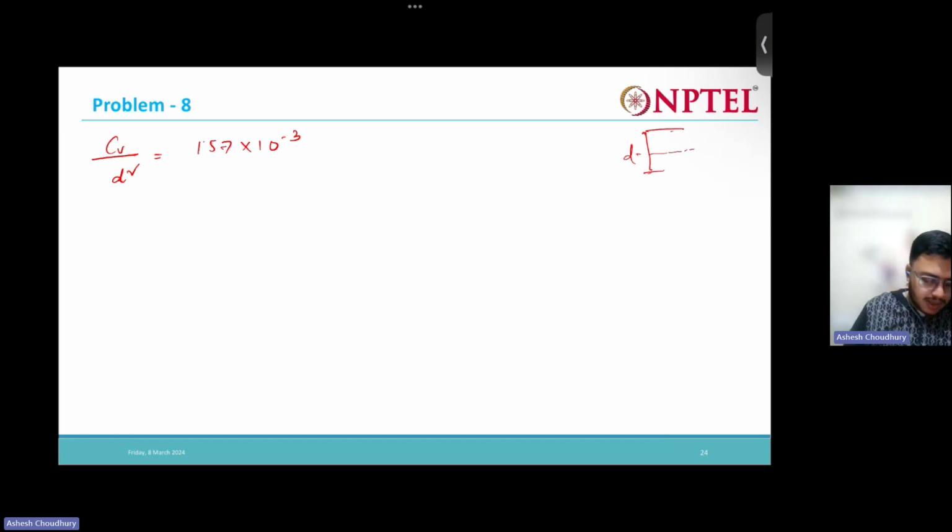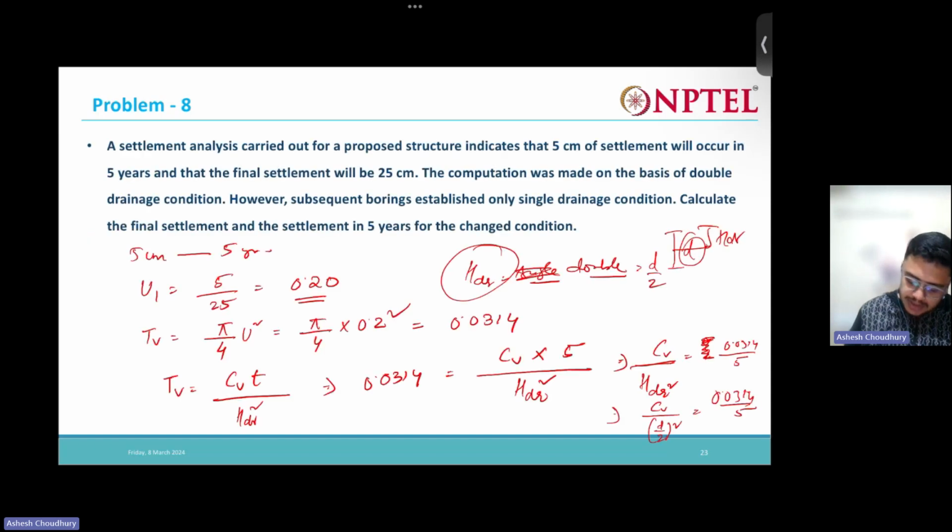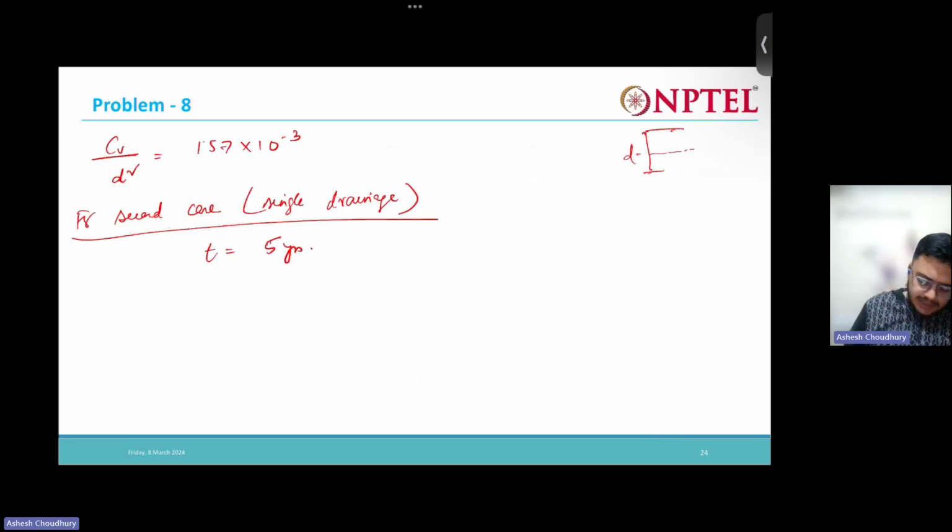So first case is double drainage. Now for the second case, single drainage, that time T is the same, 5 years. Now for single drainage, initially say how much percent? 20%. Now obviously less than 20% is going to occur, so you can safely use this relation.